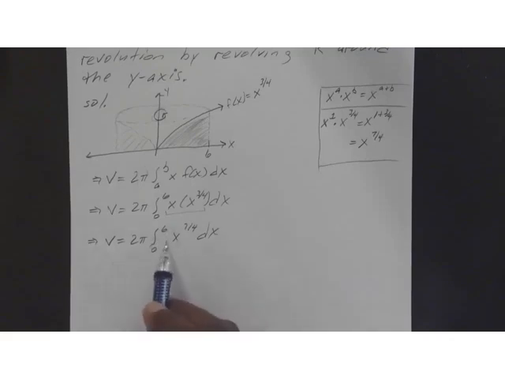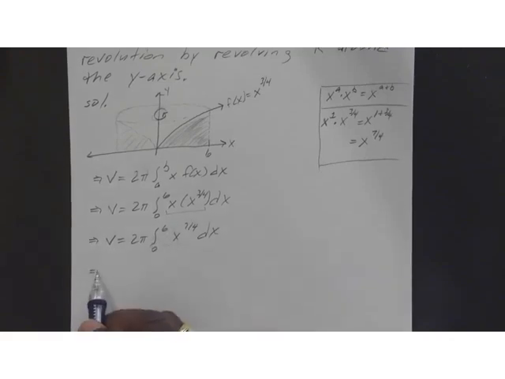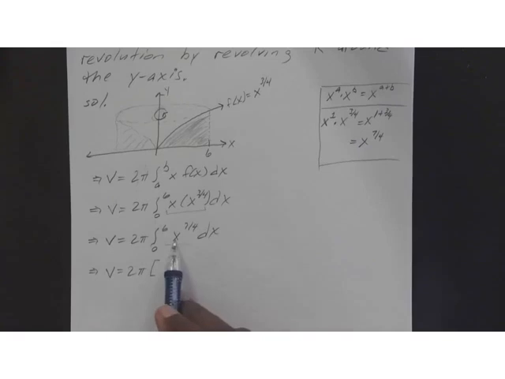Okay, so we can go ahead and just integrate this. So it's 2 pi times the integral of x to the 7/4 power, which is x to the 7/4 power plus 1 divided by 7/4 plus 1.